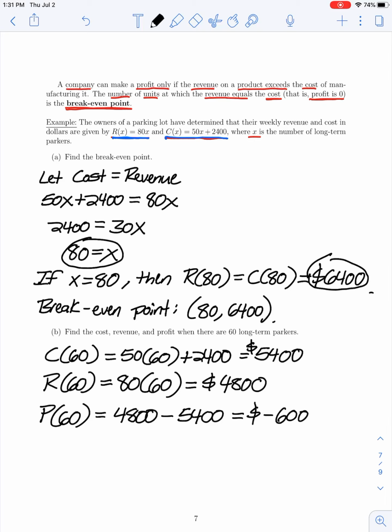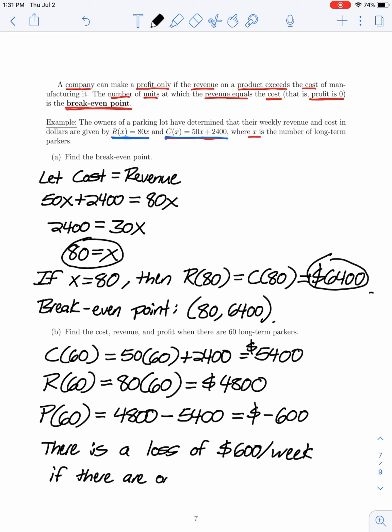So this would correspond to a loss of $600 per week if there are only 60 parkers. So here, a little interpretation: there is a loss of $600 per week if there are only 60 long-term parkers.